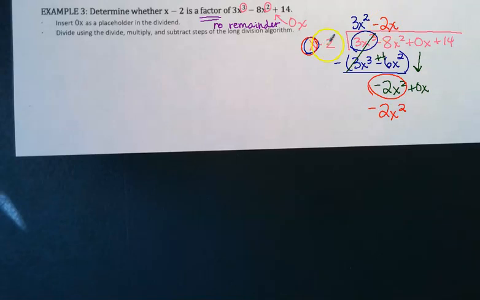Negative 2x times negative 2 gives a positive 4x. I've got to subtract these. Negative 2x squared minus negative 2x squared, remember, that's plus a positive, so it cancels. 0 minus 4x gives me negative 4x. I bring down my 14.